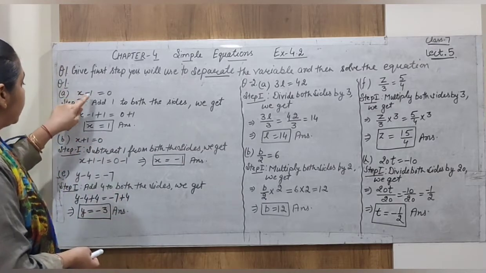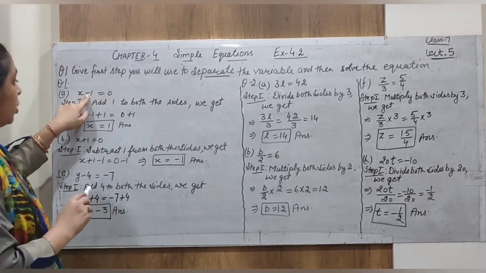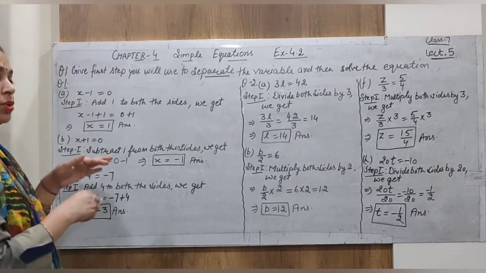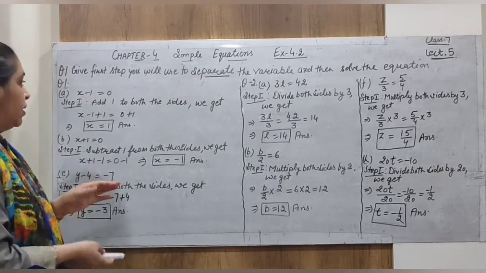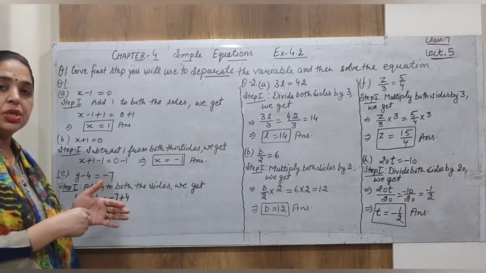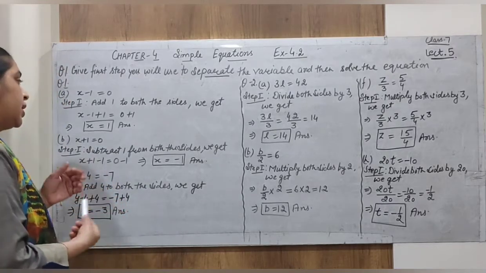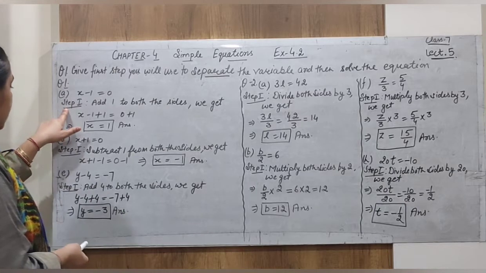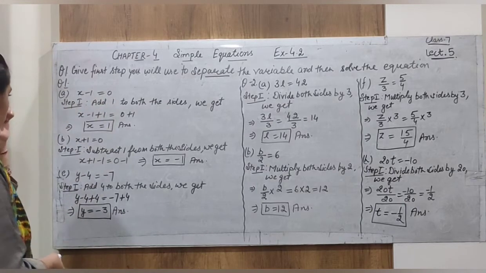That's why, whatever sign is in front of the constant, we use its opposite sign: for subtraction we use addition, for addition we use subtraction, and so on. So the first step is add 1 to both sides.